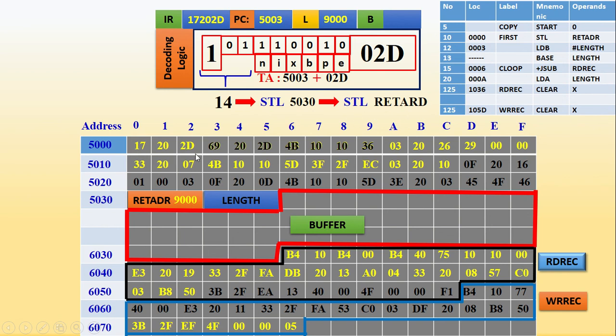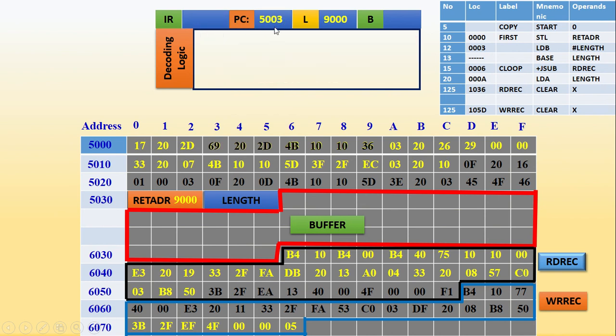So earlier we loaded this instruction into location 0000, and it has executed properly. Now 17202D is loaded into location 5000, and now also it is being executed properly. Okay, now let us go to the next instruction. If you observe what the program counter contains now, 5003, it is the address of this instruction.